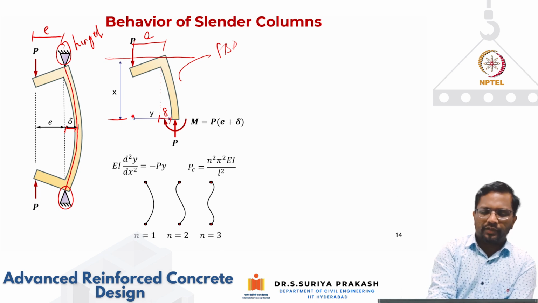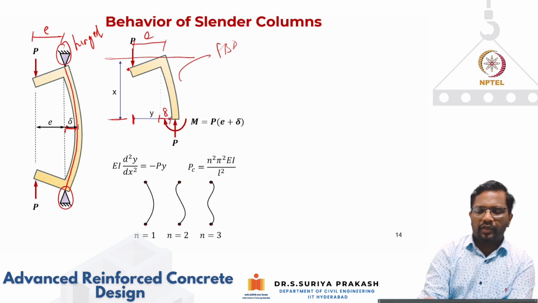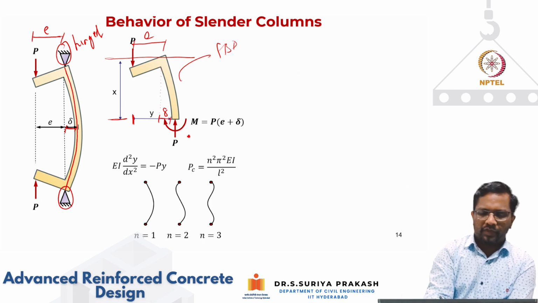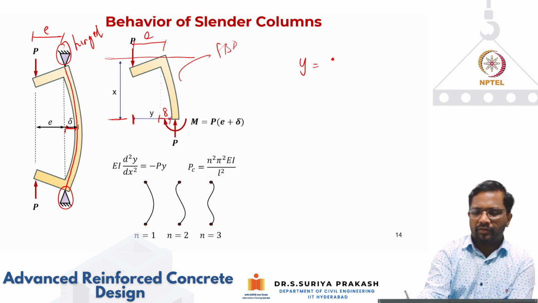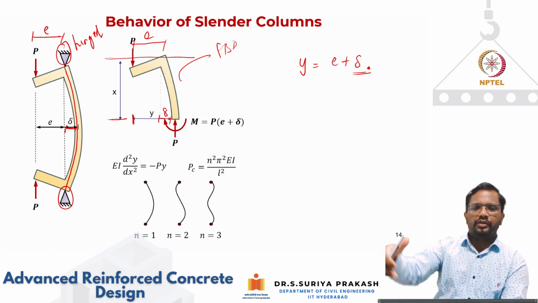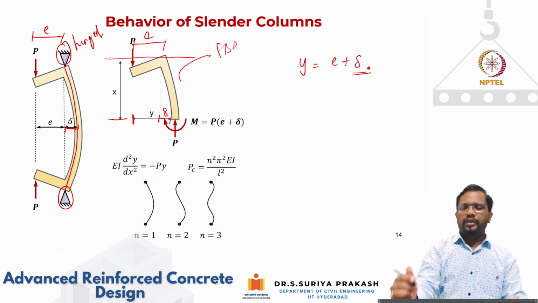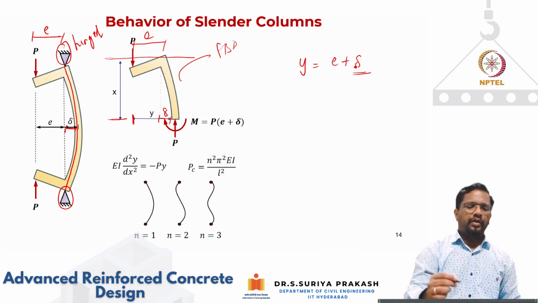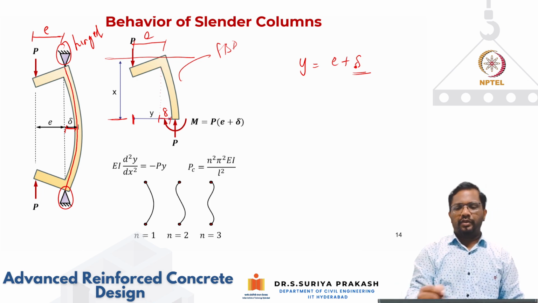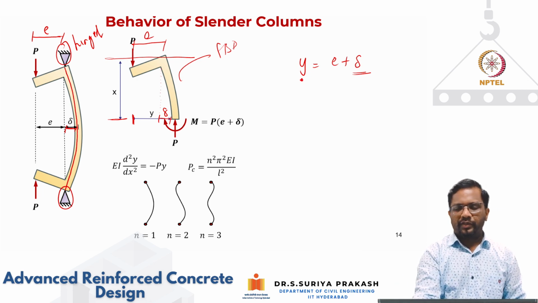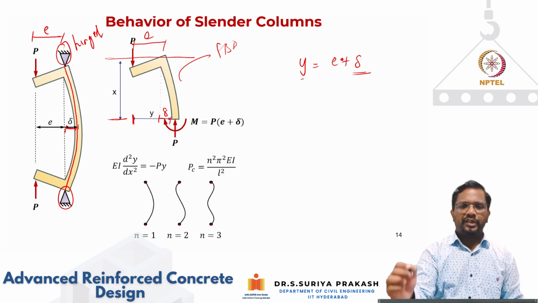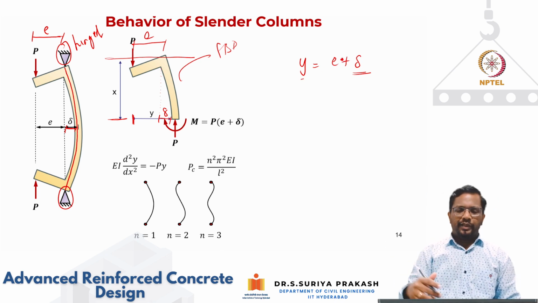If I take the original point of application as y, then y will be equal to eccentricity plus delta, because the column is also displaced by a delta at the section x, and the total eccentricity has become y, which is the applied eccentricity e plus delta.